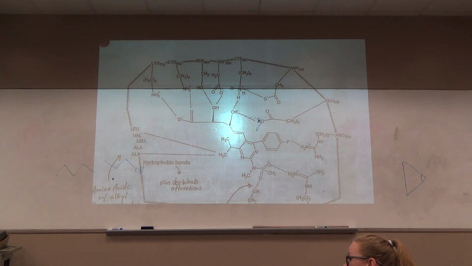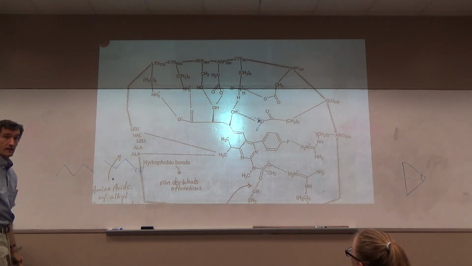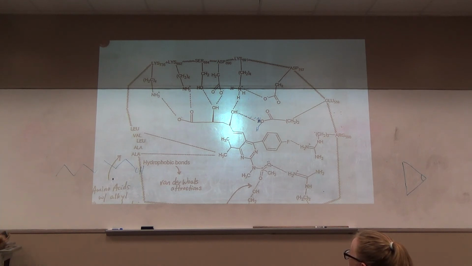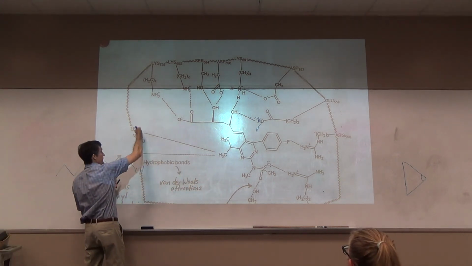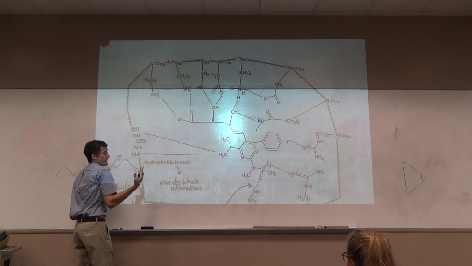Van der Waals, right? The first example we showed was two propane molecules, hydrocarbons interacting by van der Waals. That is an interaction. It's weak, but it is something. This hydrocarbon is interacting with the hydrocarbon of these amino acids by van der Waals.